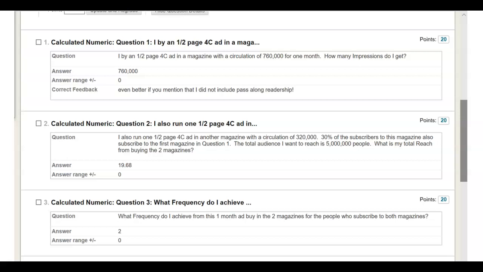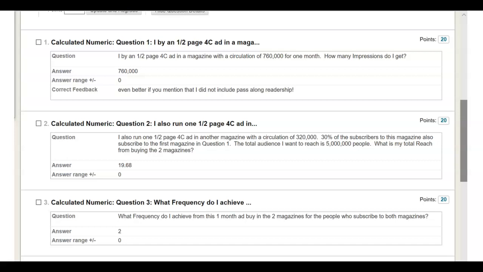That gives you your total unduplicated impressions. Then to get your reach, you find out what percentage that total number of unduplicated impressions is of your total audience, which is 5 million.